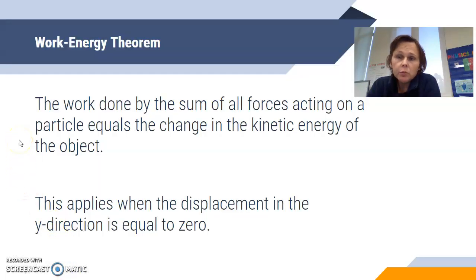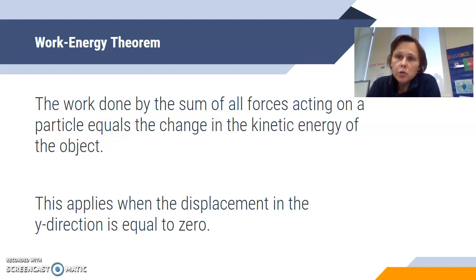So let's talk about the work energy theorem. I can prove this theorem and I will talk about it in class. But for now we just talk about what it is and how to apply it. So the work done by the sum of all forces acting on a particle equals the change in the kinetic energy of the object.